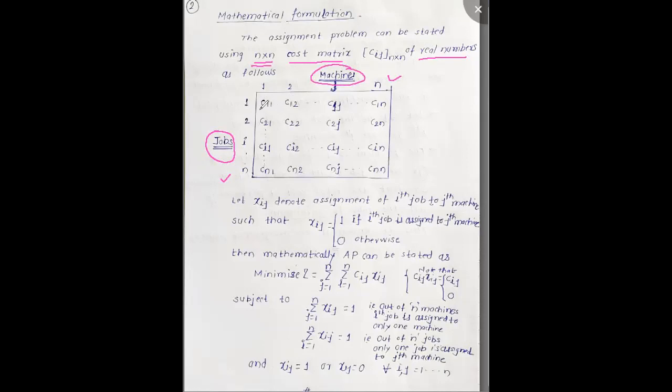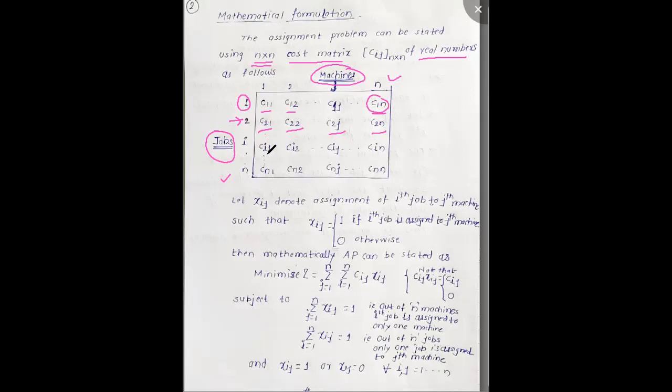And C11, C12 to C1n. These are the costs of performing job number 1 on the first machine, job number 1 on the second machine. The cost of performing job 1 on the nth machine is C1n. Then second row, costs of performing second job on the first machine, second machine, third machine, sorry, jth machine and nth machine.